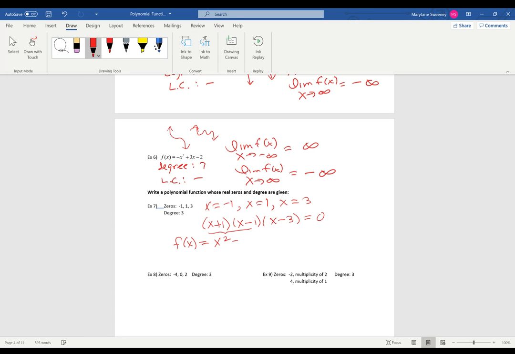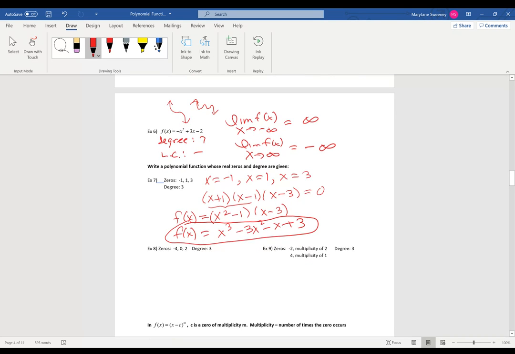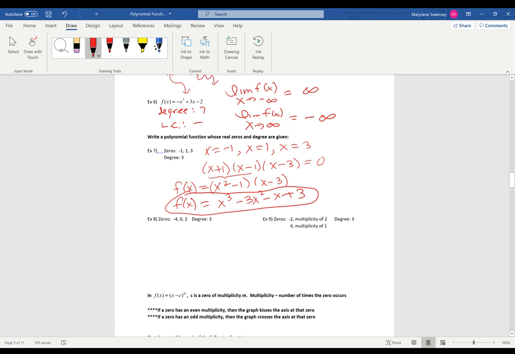So this would be x squared minus 1, outers and inners would cancel out, times x minus 3. So if I FOIL it through, there's my polynomial function that has zeros at negative 1, 1, and 3.